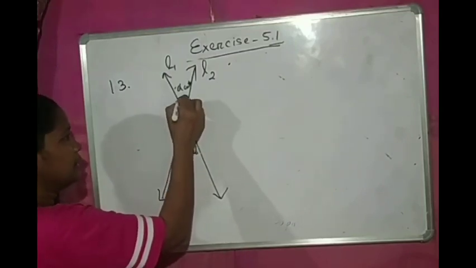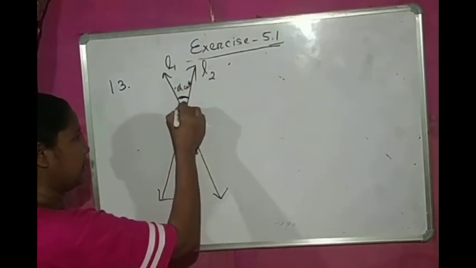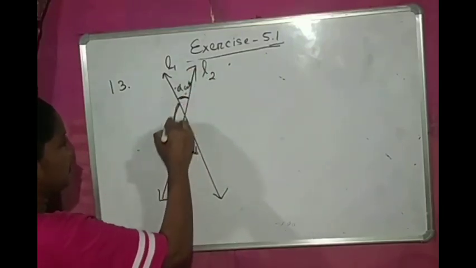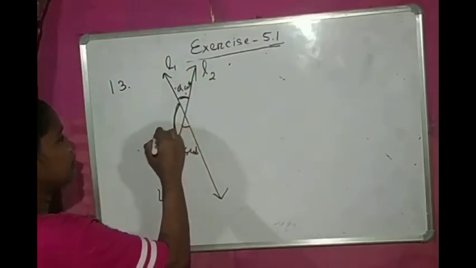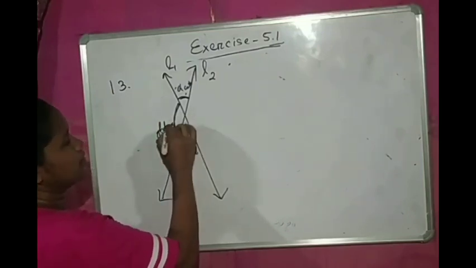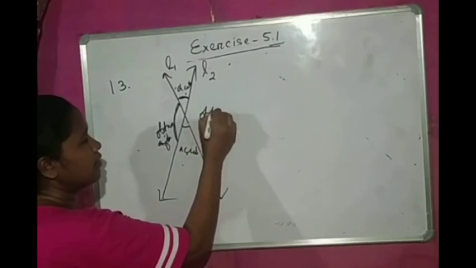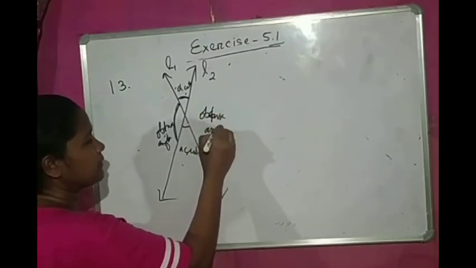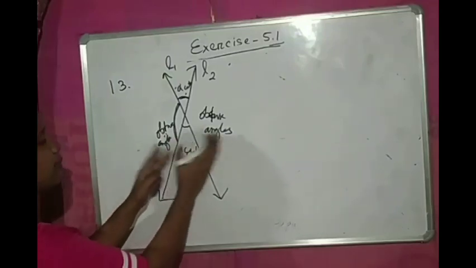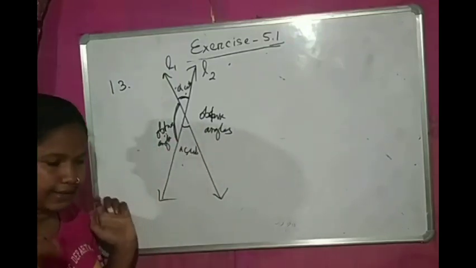Then if this is an acute angle in this line, this other one is what? These are forming linear pairs, so this will be an obtuse angle. So the opposite ones are always obtuse angles. So if one pair is acute angles, then the other pair is obtuse angles.